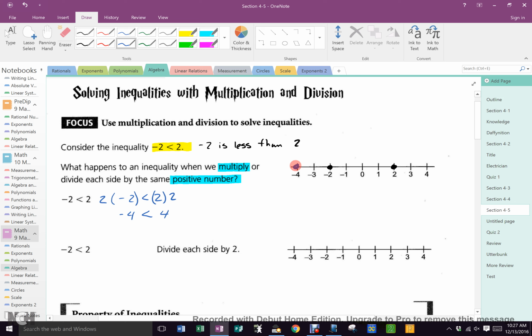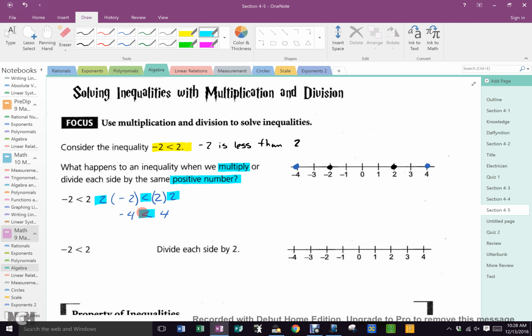I now have -4 and +4, and you can see they are in the same relative positions. Does everybody understand? If I multiply them both by the same positive number, which is 2 and 2, the inequality didn't change, did it? I still have the same sign in the middle. Everyone okay?